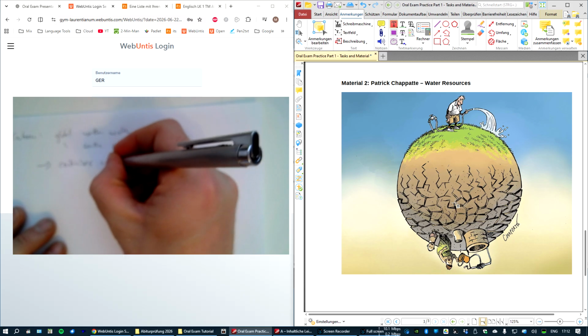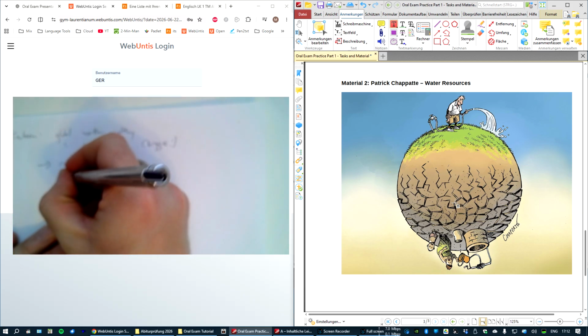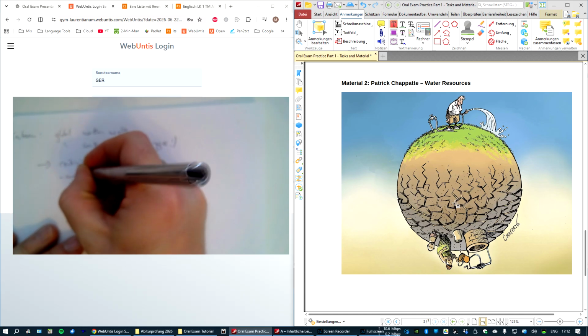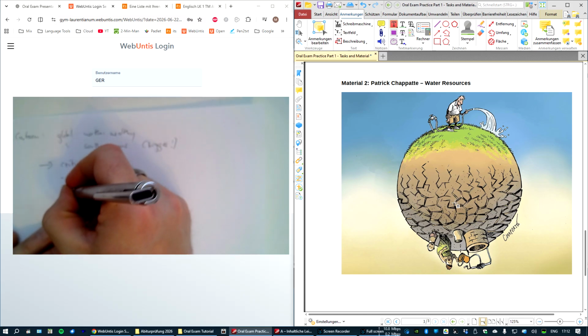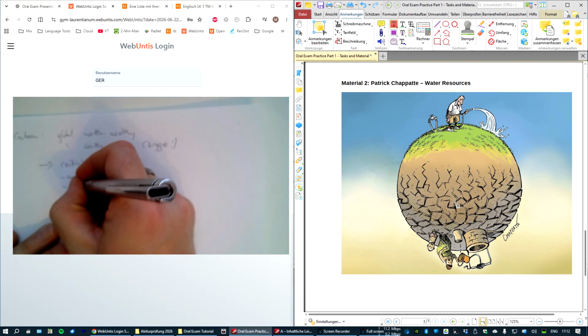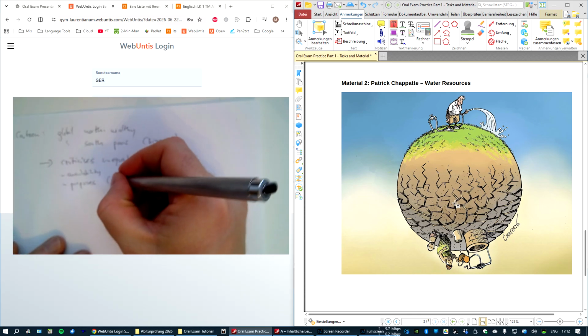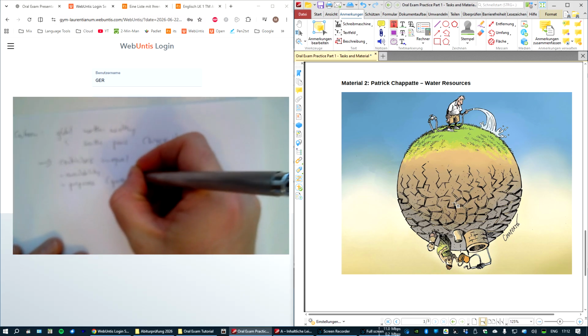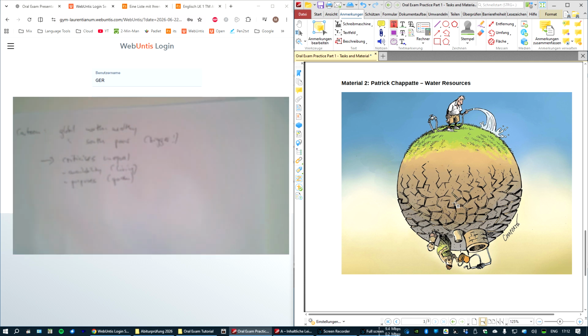Criticizes unequal availability. And purposes also. Yeah? So, garden versus living. Yeah, so quite clear. And this shall serve as the basis for our discussion.